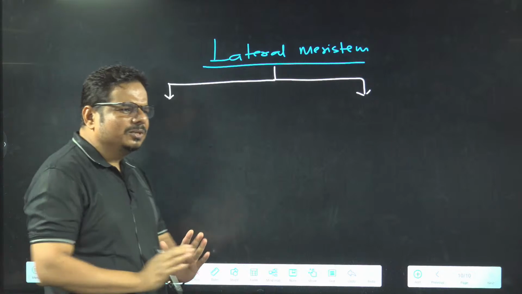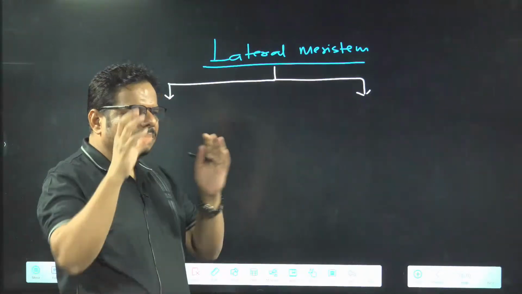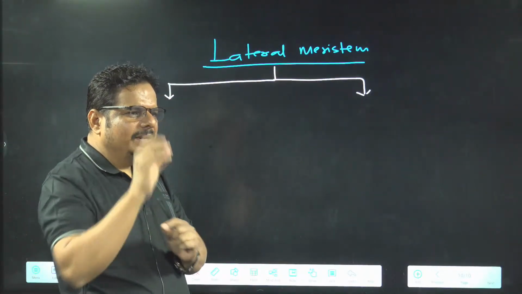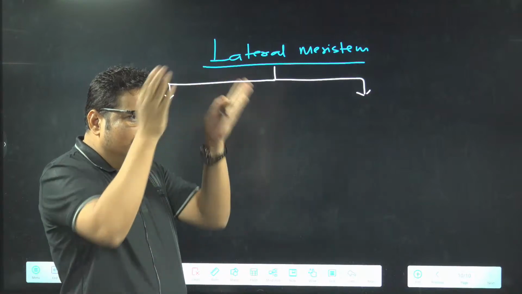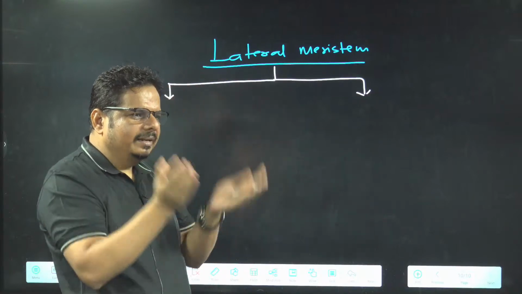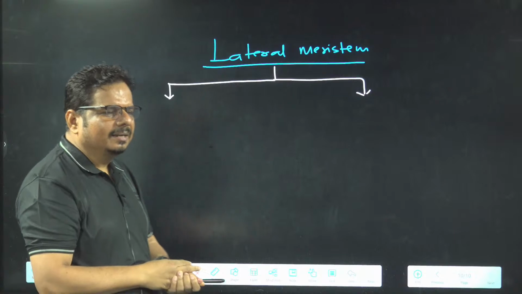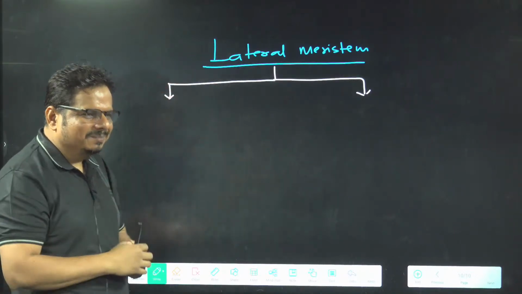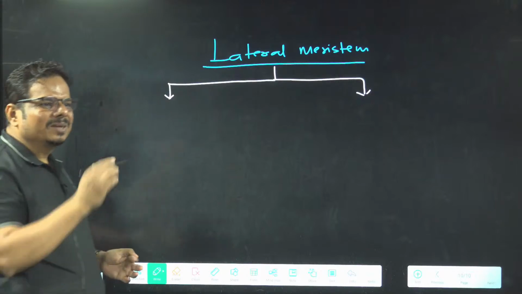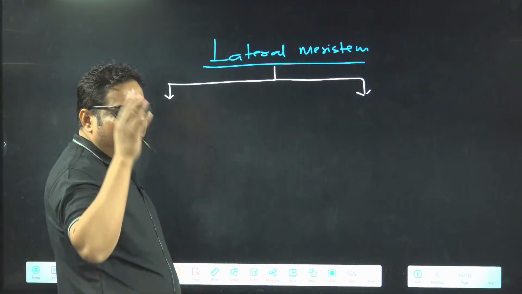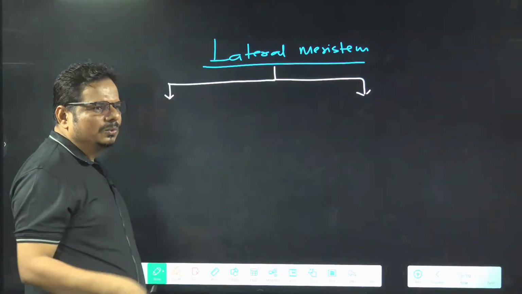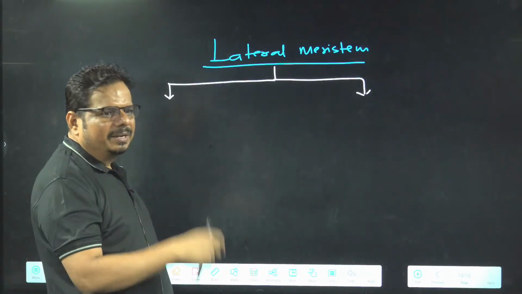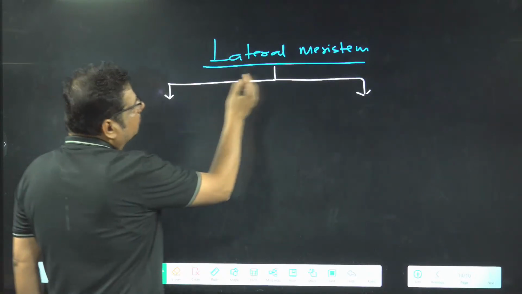You just got the idea about the quiescent center, a brief idea about 4 histogens in monocot, 3 histogens in dicot. That is the reason a mess occurred in between, right? Haberlandt's views, Hanstein's views, Schmidt's views.